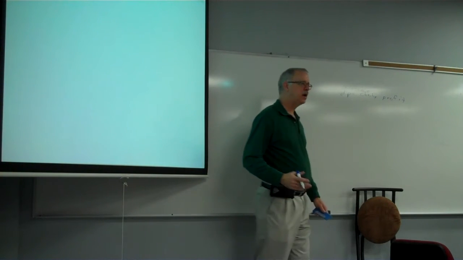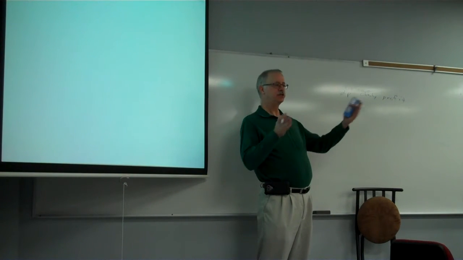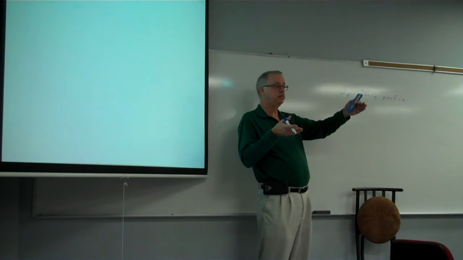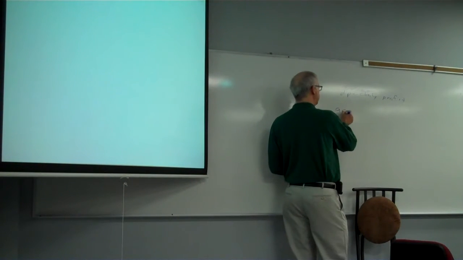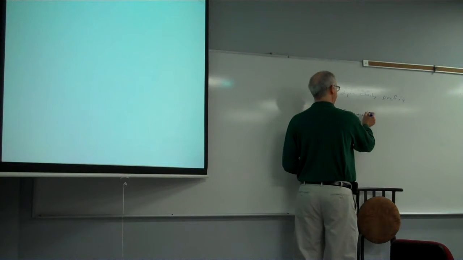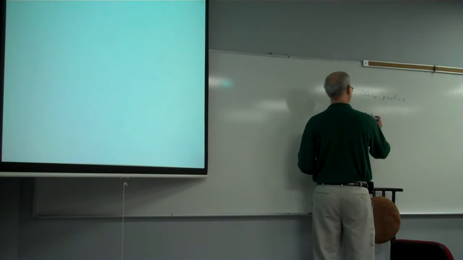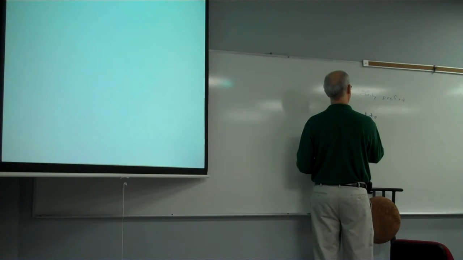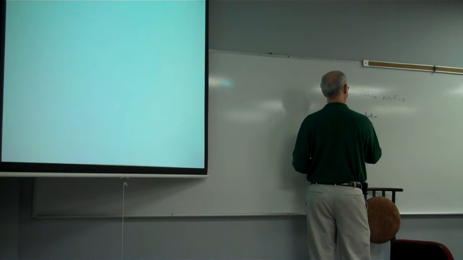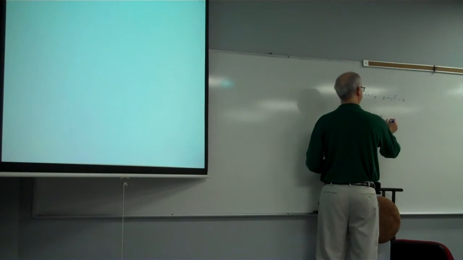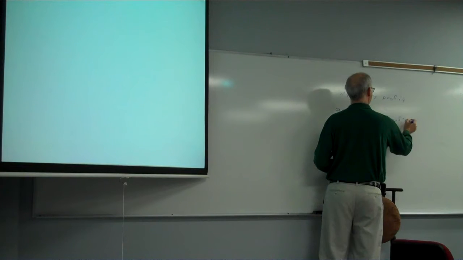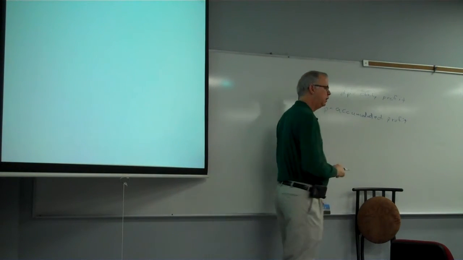But something you'd also be very interested in the business is, well, after 10 days, how much profit have I made? So we'd be very much interested in the accumulated profit. That's what I'm calling P here.